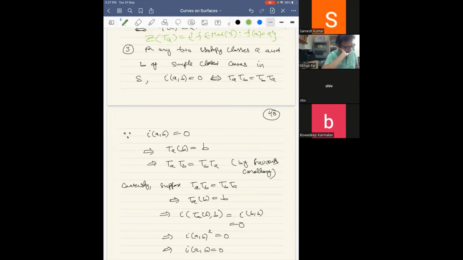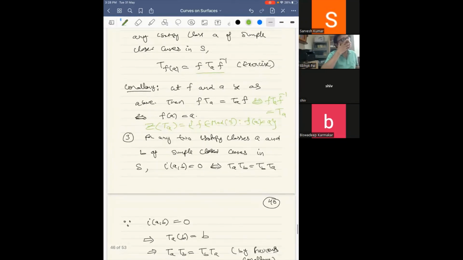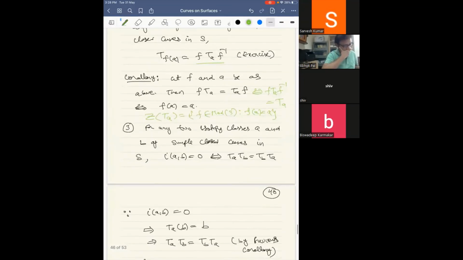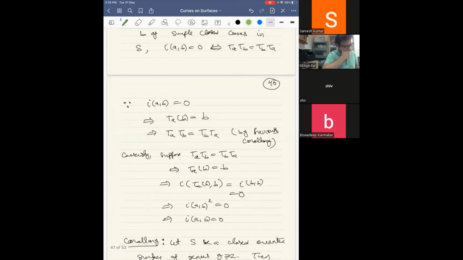Then by definition of the Dehn twist, T_A acts upon B trivially. By the previous exercise, when f preserves A, f commutes with T_A. So take f equal to T_A here. The action of T_A on B is trivial, so this is just B. So T_A commutes with T_B.